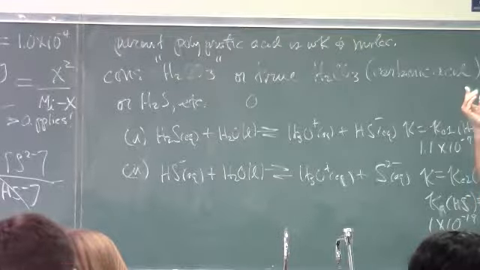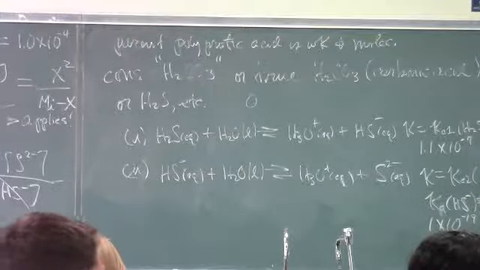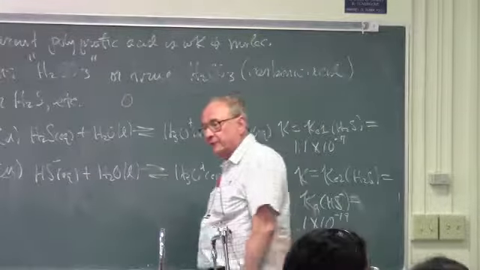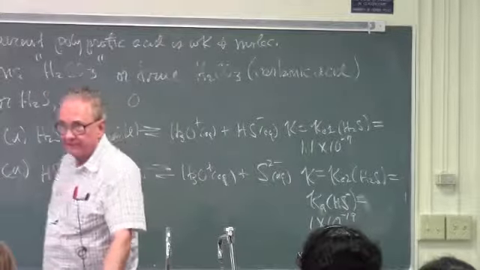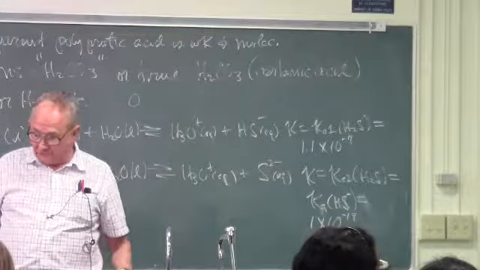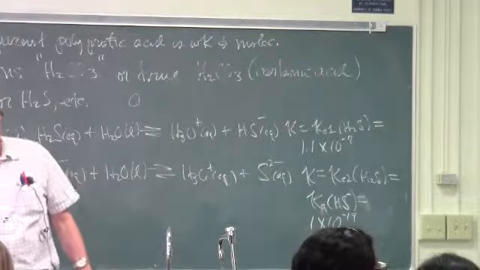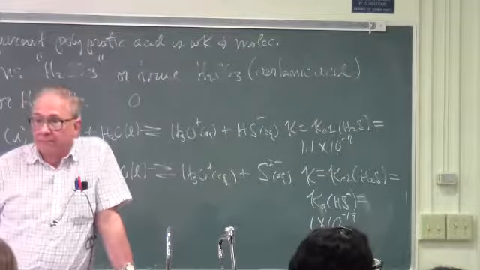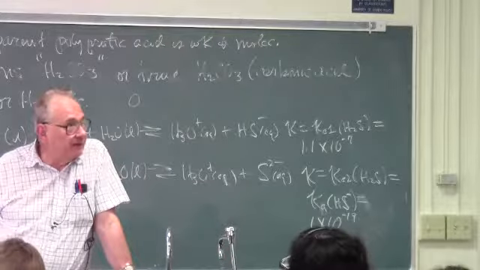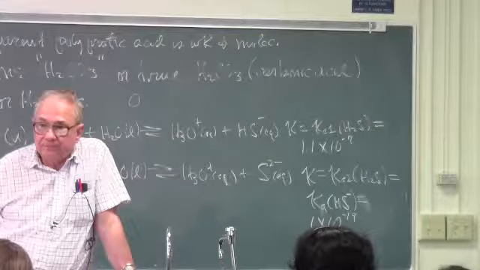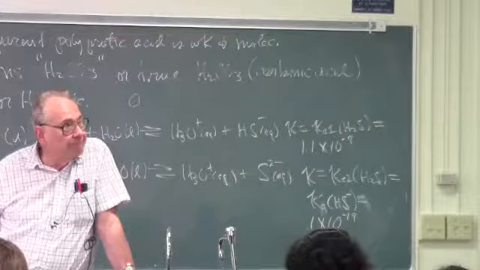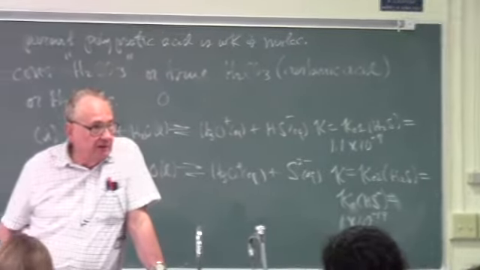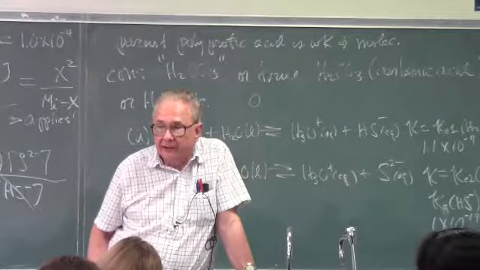The other one, same equilibrium, except no quotes on H2CO3. But what's the difference for these two equilibrium reactions? Ka for true carbonic is a lot bigger than Ka for hydrated CO2. So for which of these solutions is the bicarb concentration greater?